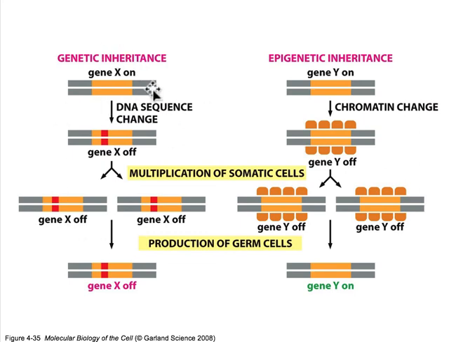Indicated on the left side is the effects of classic mutations. If we have a gene that's working and a DNA sequence change occurs within that gene, therefore mutating the gene and turning it off, that would then be inherited by all the descendants of that cell, including future progeny, i.e. offspring.